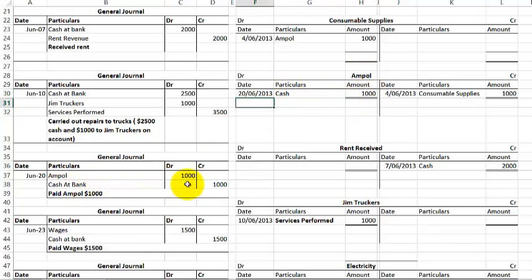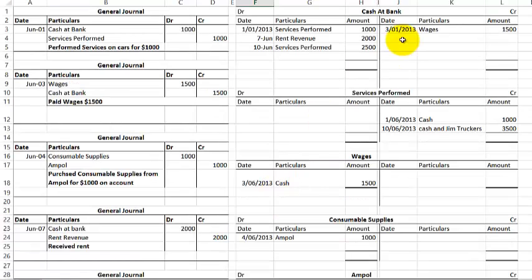You must put this credit, because we paid some money, to the cash at bank account, which is up here. Okay. So it's the 20th. It's Ampol. It's for $1,000.